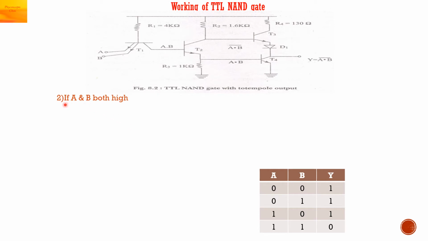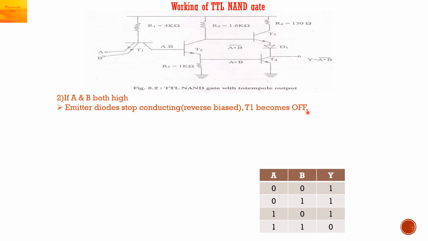Now consider the input combination where both A and B are high. When both A and B are high, the base emitter junction diode will be reverse biased. So when it is reverse biased, T1 will become off.